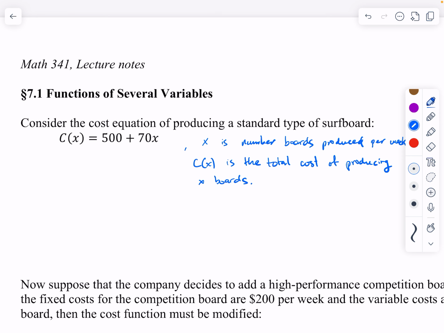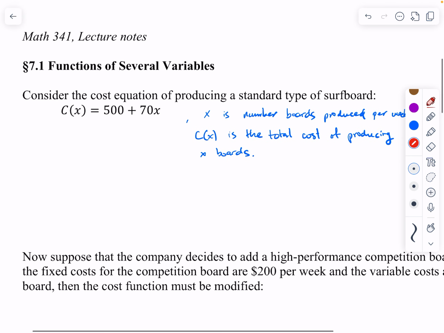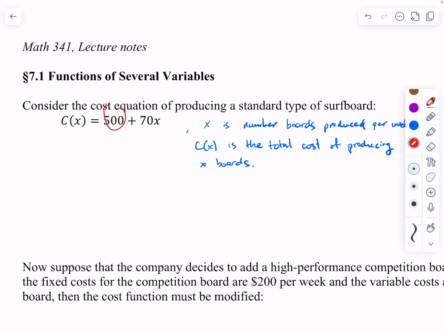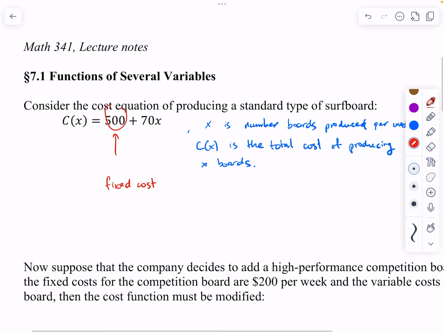So with the linear cost equation, usually we have this thing called fixed cost. That could be just the cost of operating the manufacturer, and that's usually the y-intercept in the linear function. Then we have the variable cost.